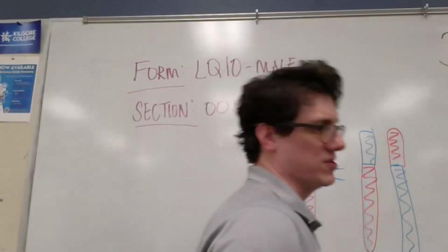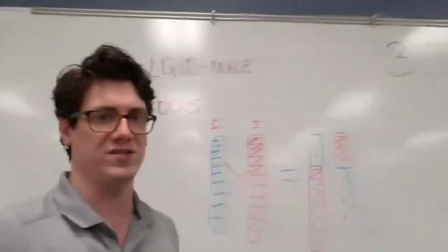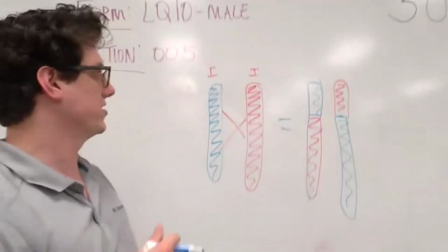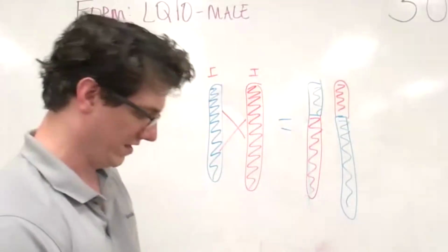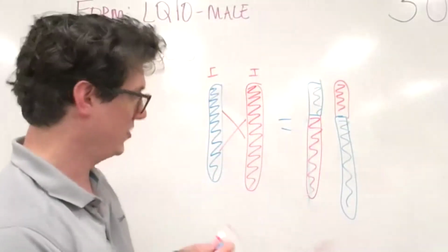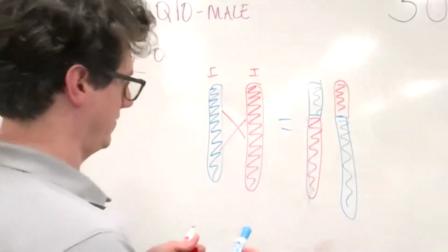So now our chromosomes are going to have not just maternal or paternal DNA, but a combination of both. Now, this is only going to happen in one of our pairs, okay?